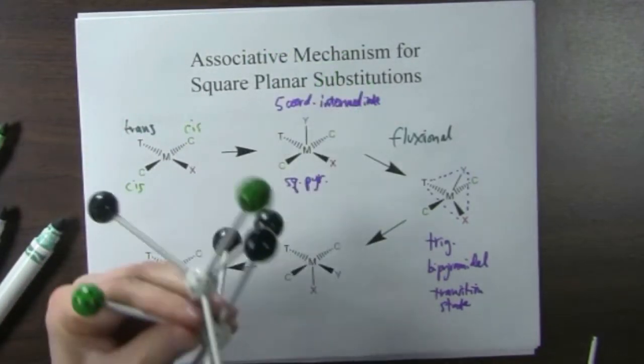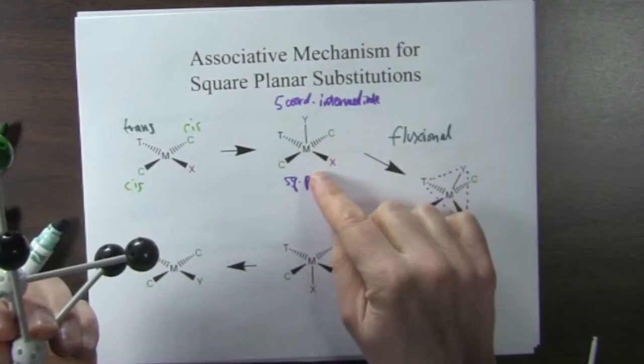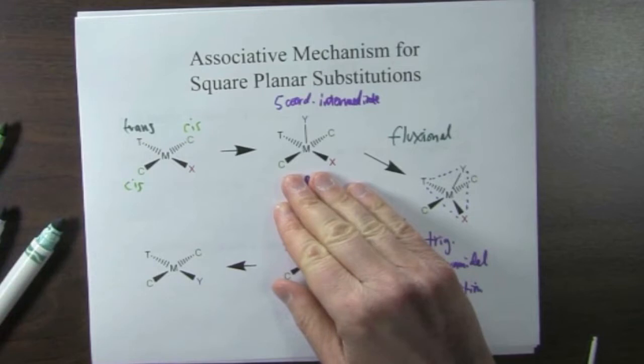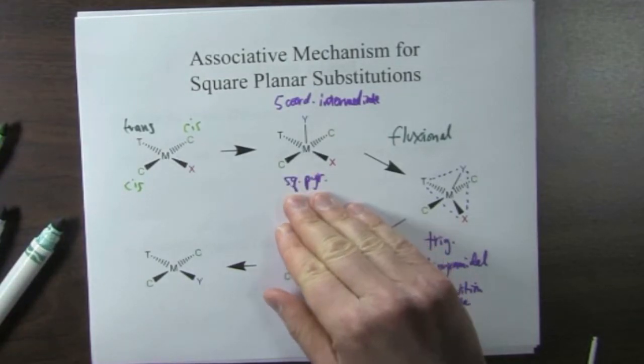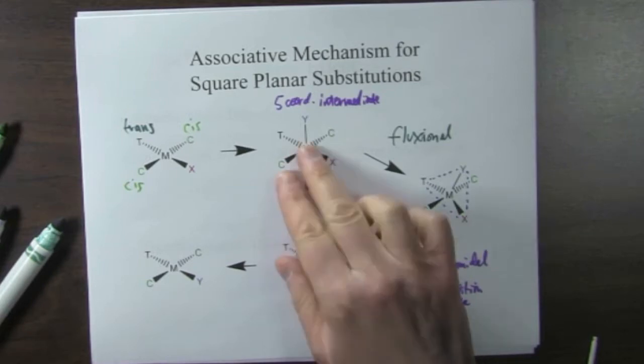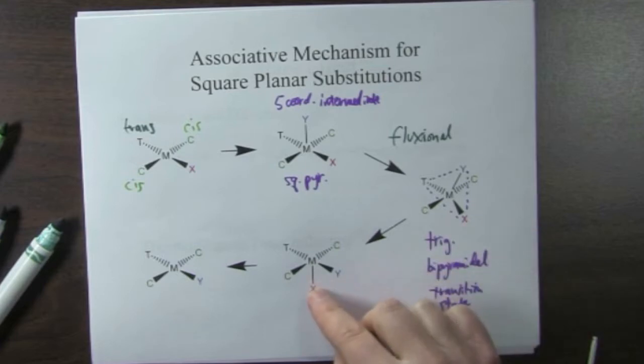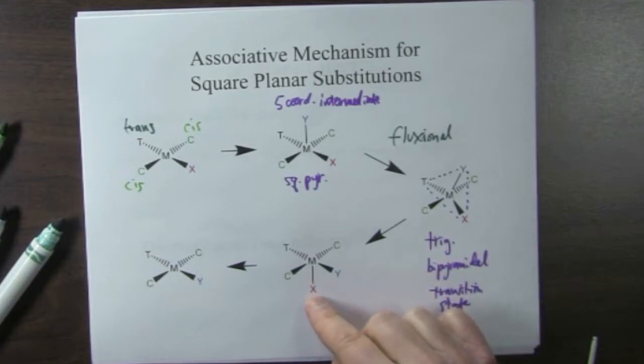So all of that to say that in our previous lecture, we indicated that a dissociative mechanism for octahedral, making a 5-coordinate square pyramidal intermediate, retained the geometry. That's not necessarily true, because the square pyramid can go through a trigonal bipyramidal transition state and change the geometry.